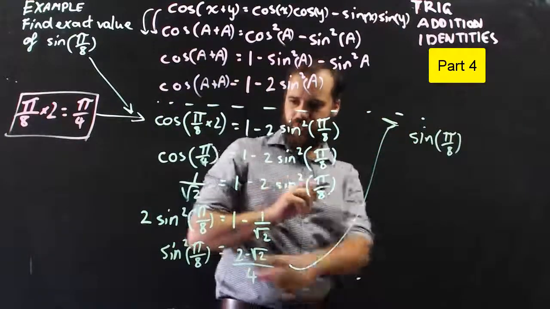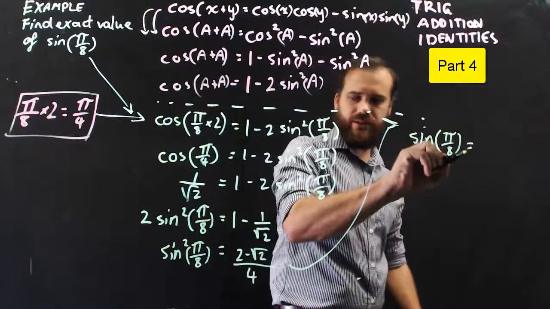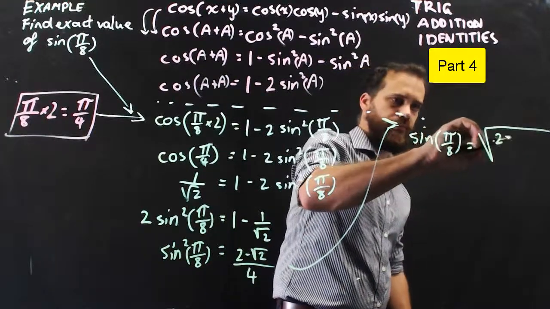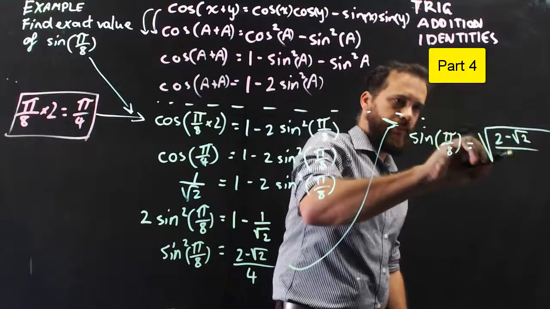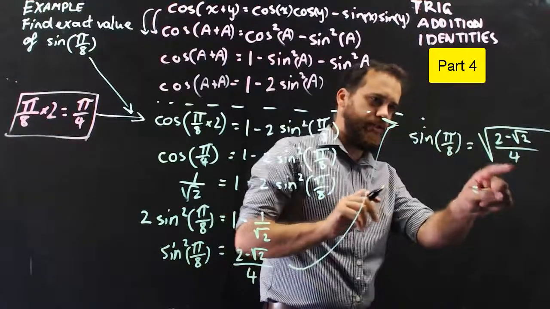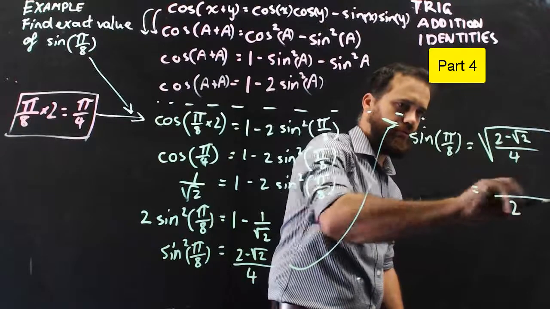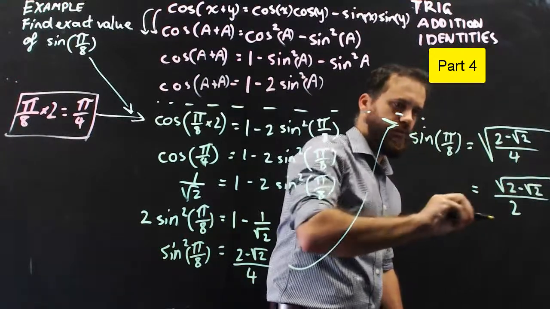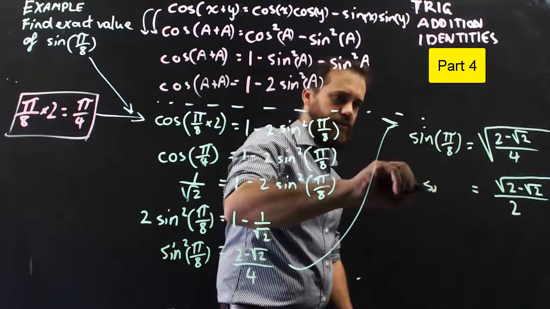Just taking the square root of all of that, this gets really, really ugly. We can take the square root at the bottom, it just becomes 2. So we've got root 2 minus root 2, over 2, equals sine pi on 8.